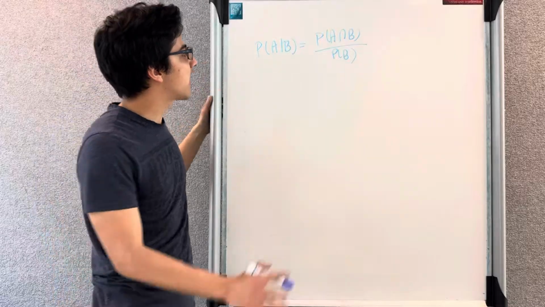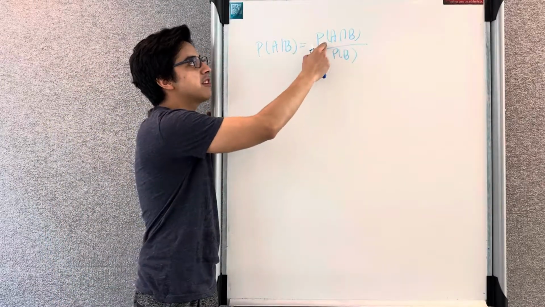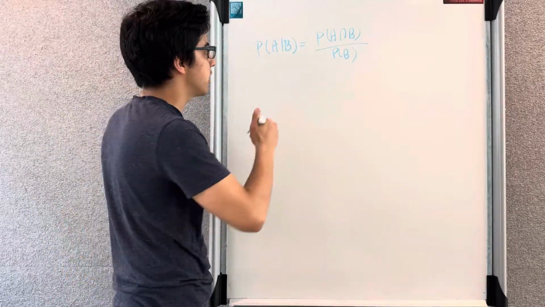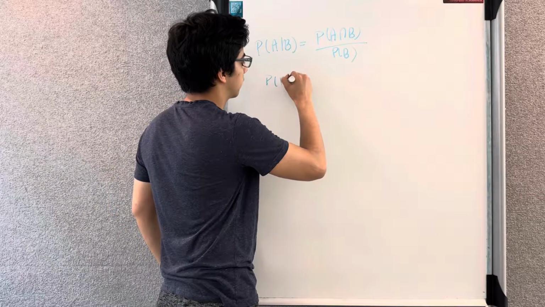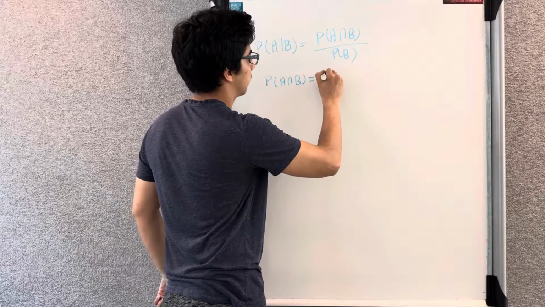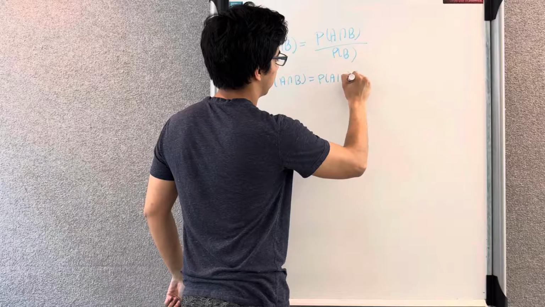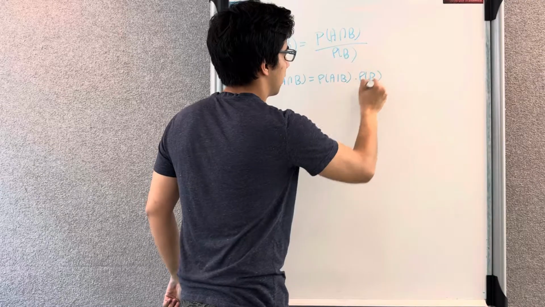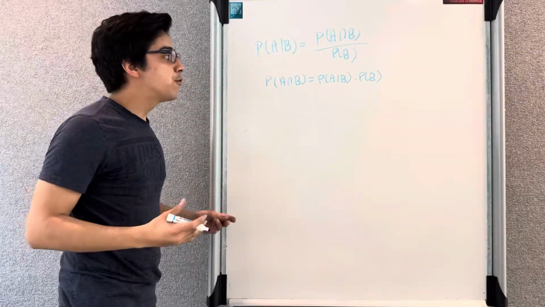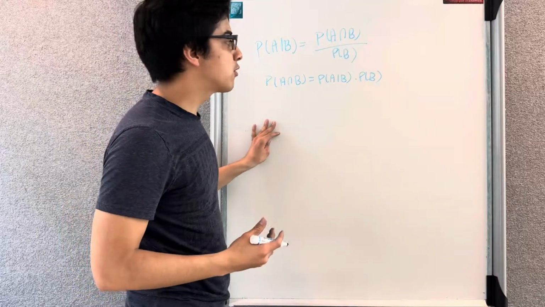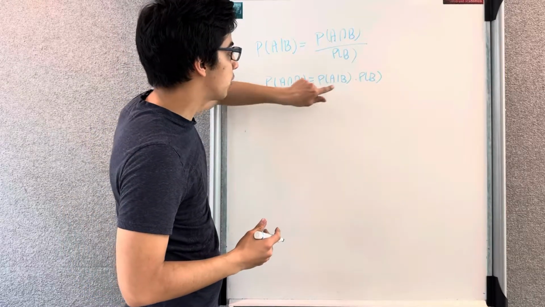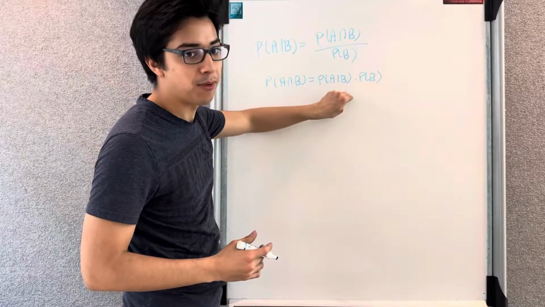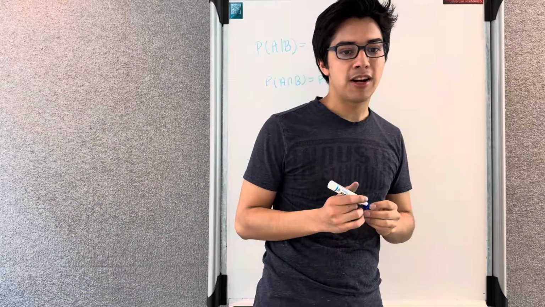What if we already have this part, but not the intersection part? We can solve for this and get this new equation, which is really useful in many cases where we don't really have this intersection but have all the other things to get this part. So let's see another example.